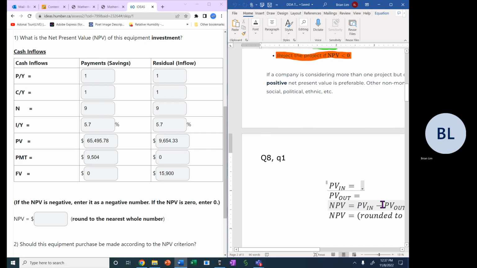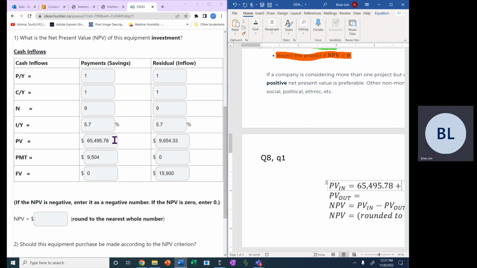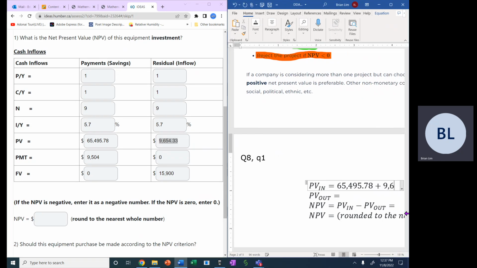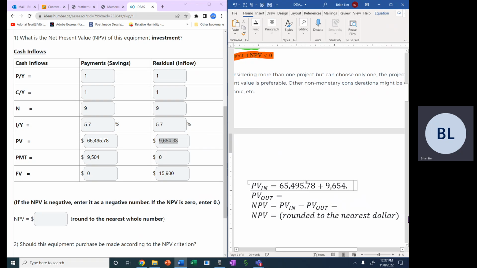It's 65,495.78 plus this number right here, the second number, $9,654.33.